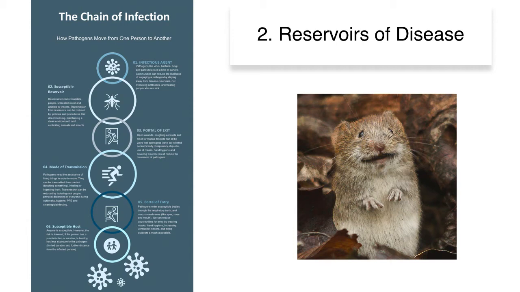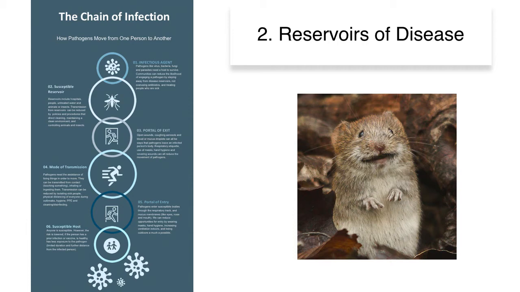So let's move on to reservoirs of disease. Now that we've thought about agents or infection agents or pathogens, now we want to think in epidemiology, the second link in the chain that we might want to expose some cracks in and make some prevention happen is in the reservoirs of disease. And so I've given this example of this very cute little rodent here.